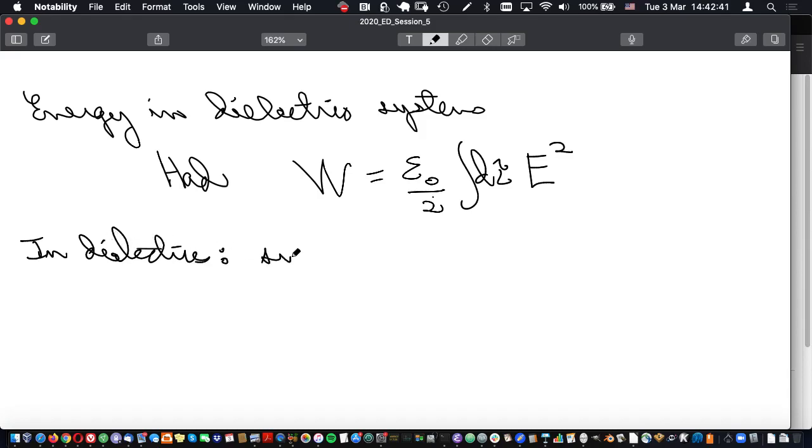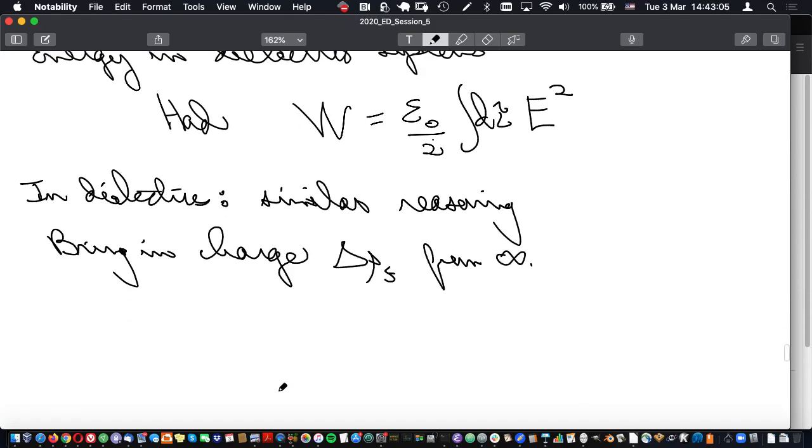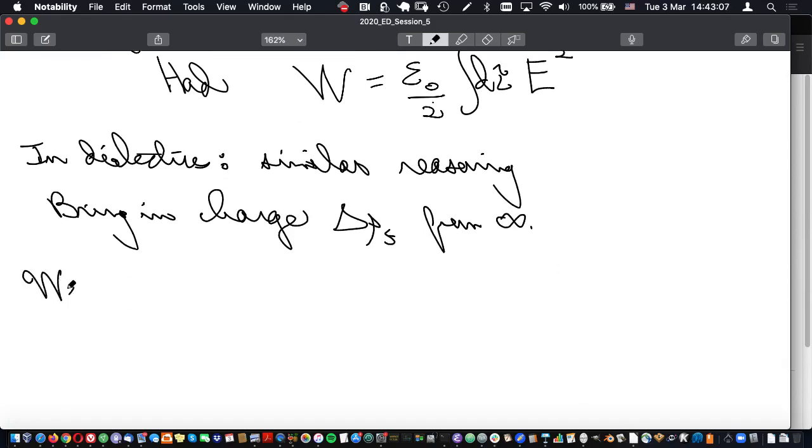we can do a similar reasoning. Namely, let's bring in a charge delta rho f from infinity. So the work done for this is some delta W. What is it?